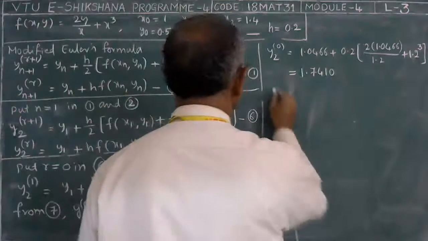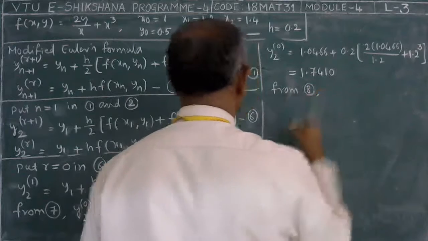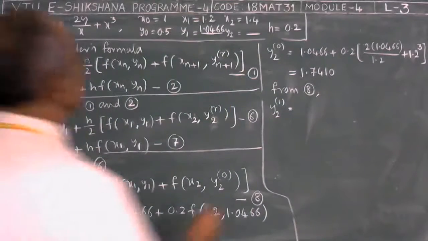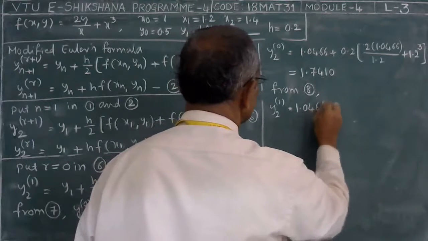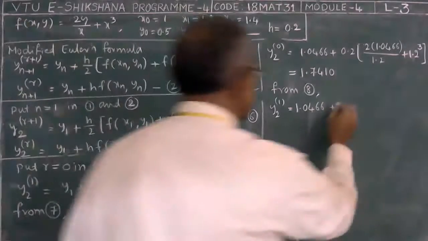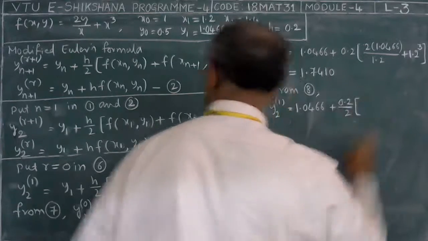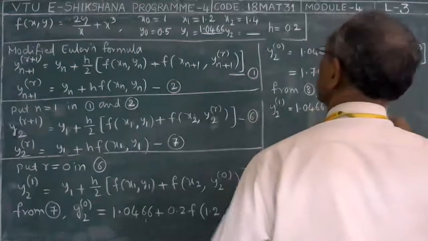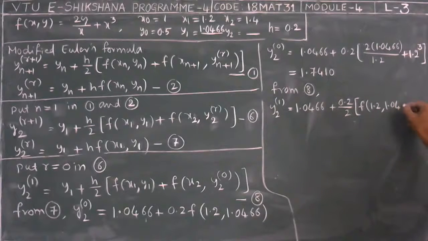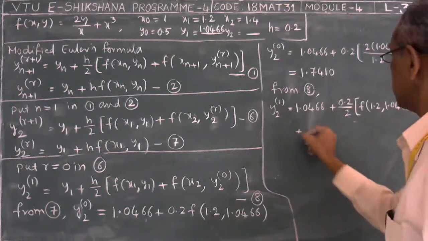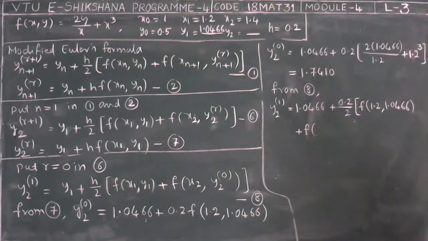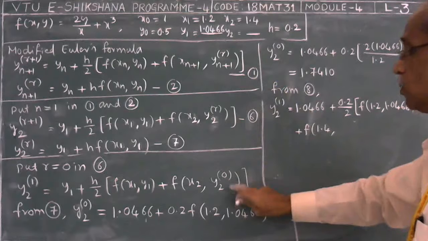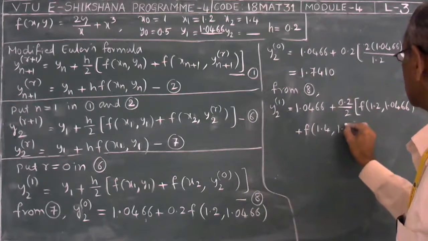So from equation 8, y2 (1) is equal to y1, 1.0466, plus h by 2, 0.2 divided by 2, into f of x1 comma y1, that is f of x1 1.2 comma 1.0466, close the bracket, plus f of x2, which is 1.4, comma y2 (0), which is 1.7410.